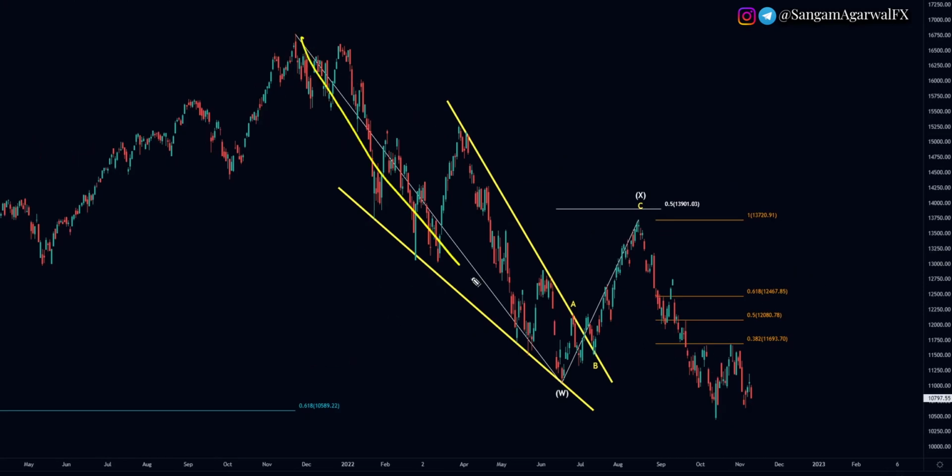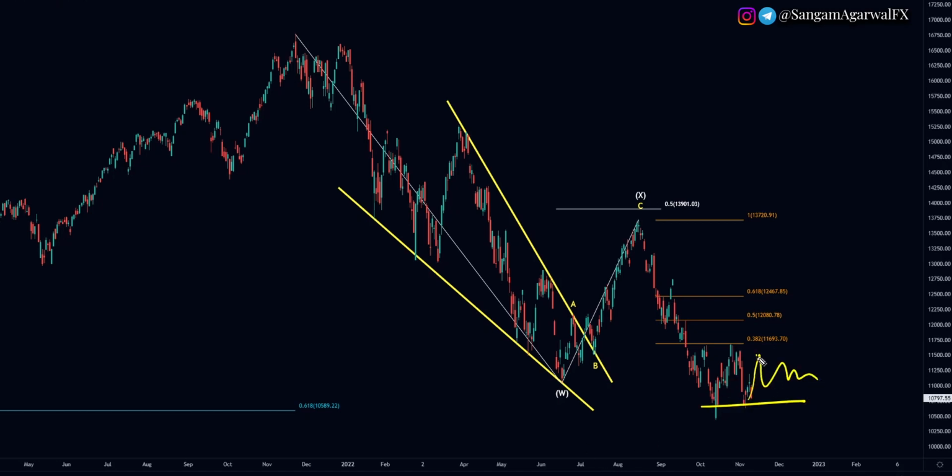And if you see, first it came down making this falling wedge chart pattern, then went up making a retracement, but this last leg only retraced 38%. So there is more selling pressure on Nasdaq.